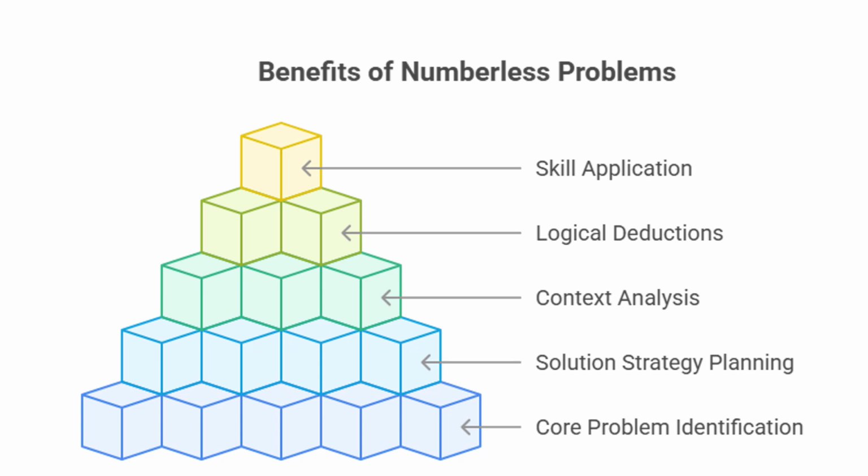They learn to identify the core problem and plan a solution strategy. Students analyze the context, identify relevant information, and make logical deductions. Numberless problems help build a strong foundation for tackling more complex mathematical concepts. The skills learned can be applied to various situations, not just those involving specific numbers.